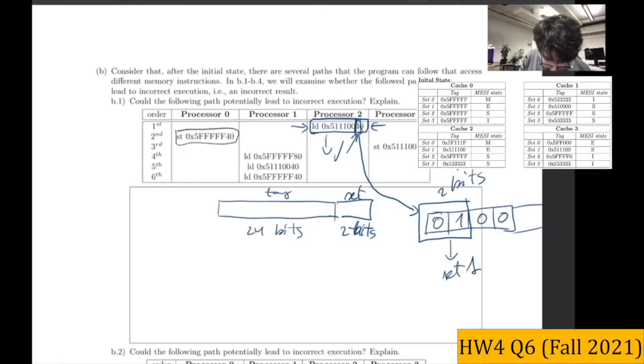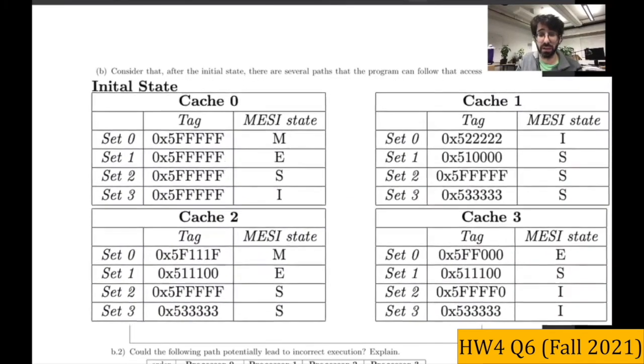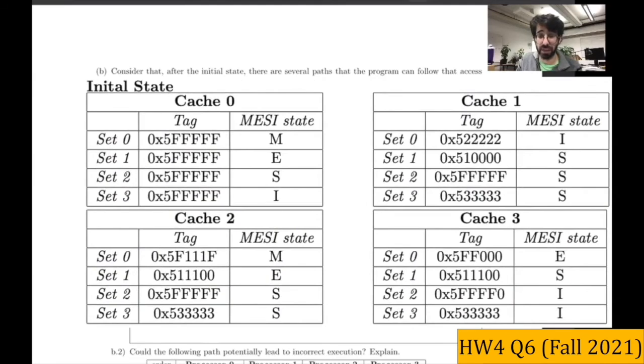And the next instruction doesn't affect the cache line that was struck by the cosmic rays. Then the next instruction is this one in processor 3, that is again the line that was affected by the cosmic ray.